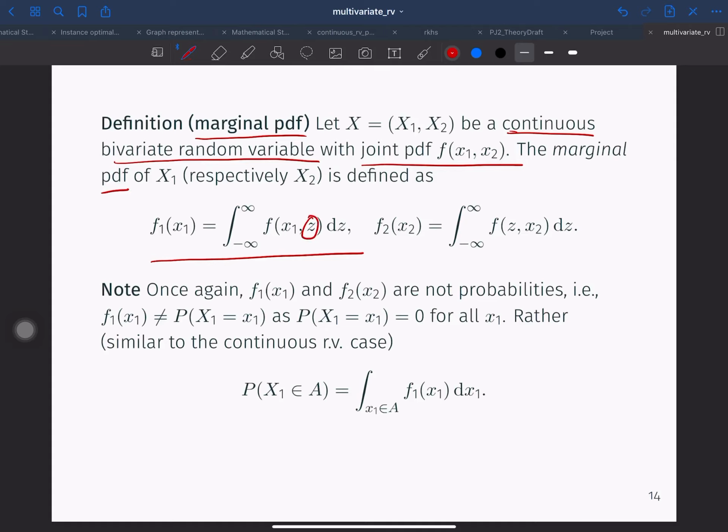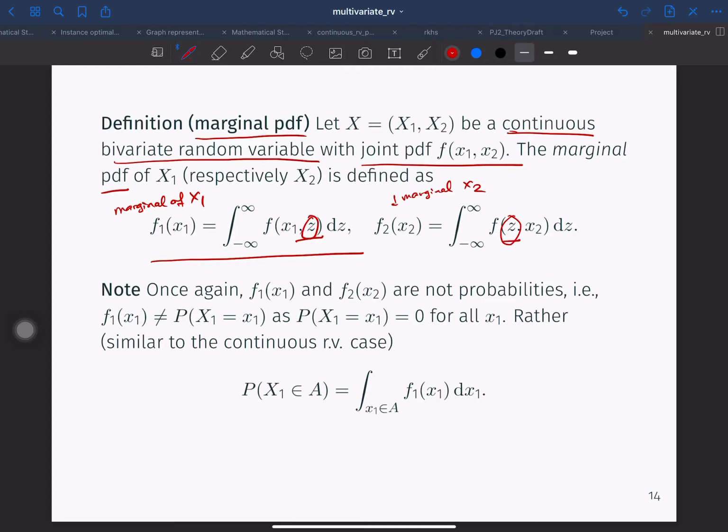So the marginal of x1 is defined by integrating the joint PDF with respect to the second variable. And the marginal for x2 is defined by integrating the joint PDF with respect to the first argument.